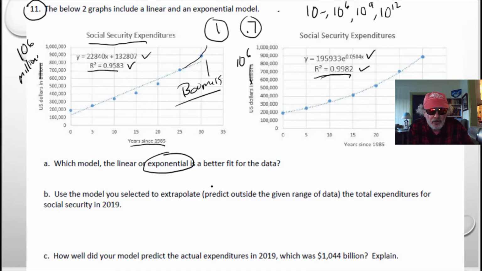Use your model to extrapolate. That means predict outside the data, like somewhere up here. Use your model, your equation, to predict what the total expenditures will be for Social Security in 2019. Well, let's just go ahead and use this formula.